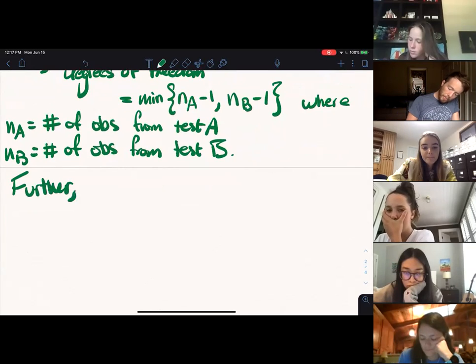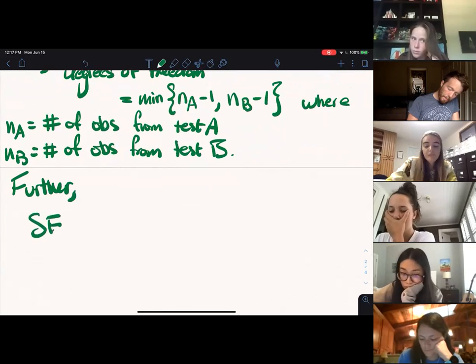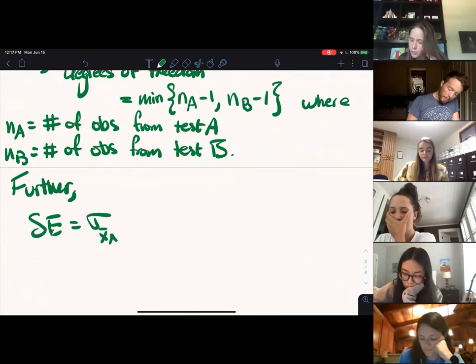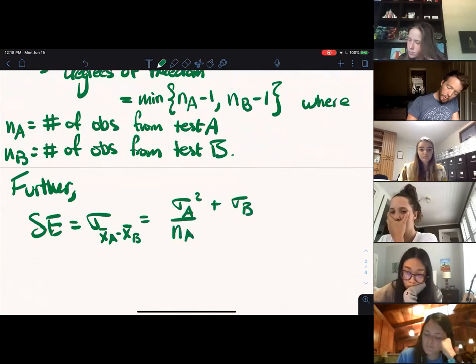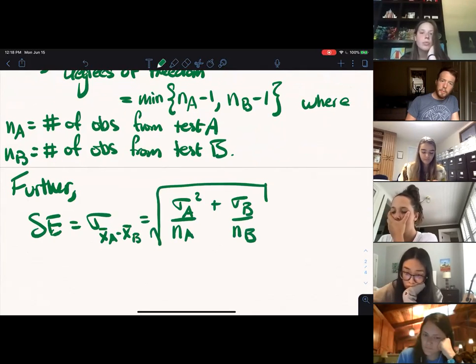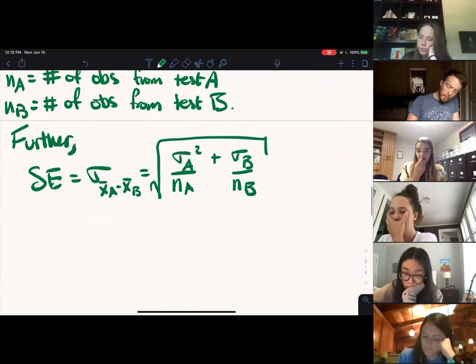Further, our standard error, which is just the standard deviation of x bar A minus x bar B, is equal to actually what it was before, this sort of thrown together standard deviation, right?